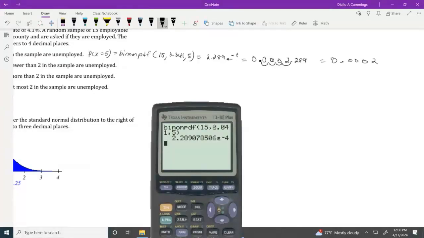But I looked on the answer key and they just have 0. If you look on the answer key, there's 2 of them on here I had a question about. This was one of them. What is 0? They put 0. Now, if you round to 3 decimal places, that would give us 0. But now it says 4. Right, so it'd be 0.0002. All right. I'm going to put a little star by that one.